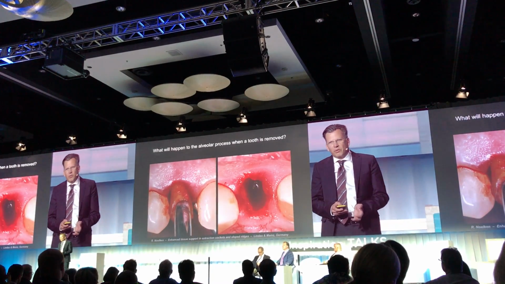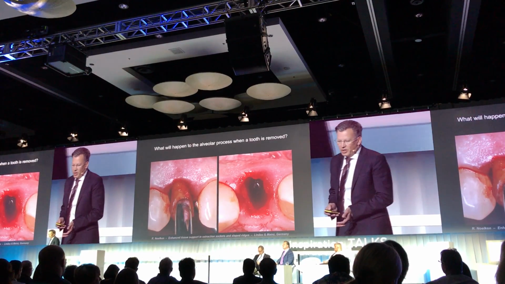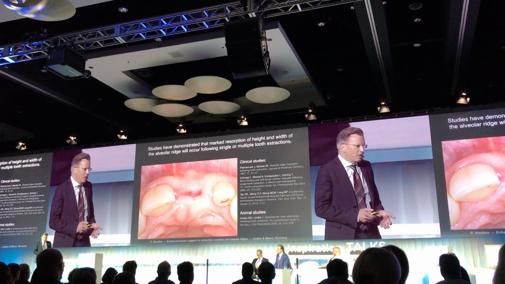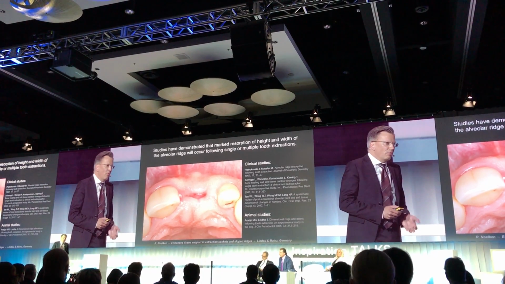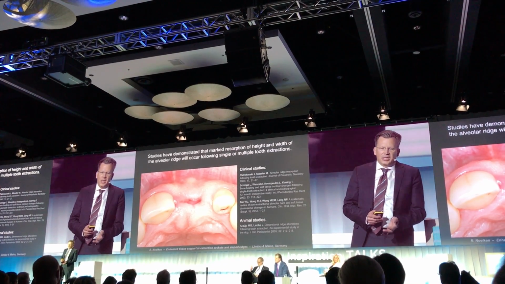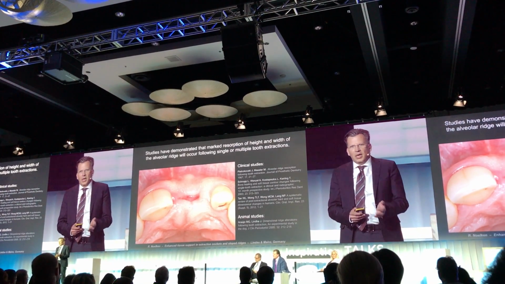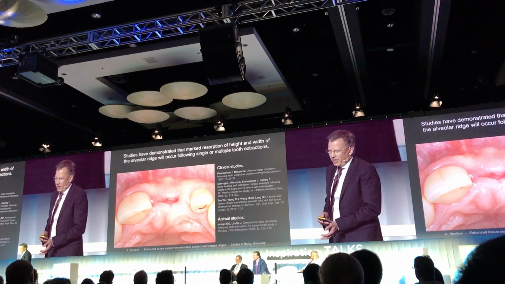When the tooth is removed, we are going to have resorption. We have several studies in animals and human subjects which show that we will have severe resorption at the lingual as well as the buccal aspect, especially in height and in width.